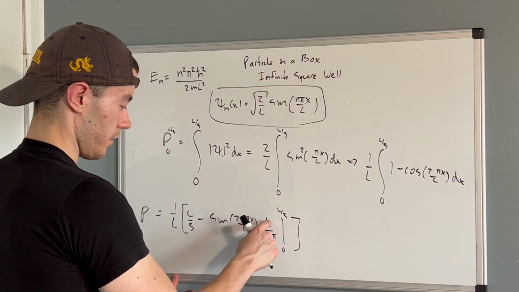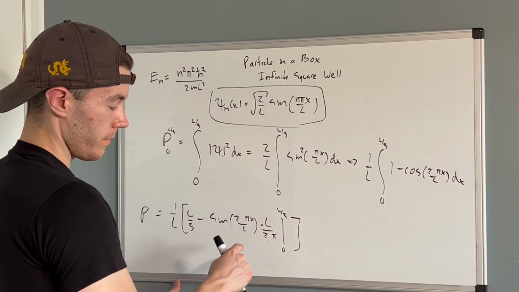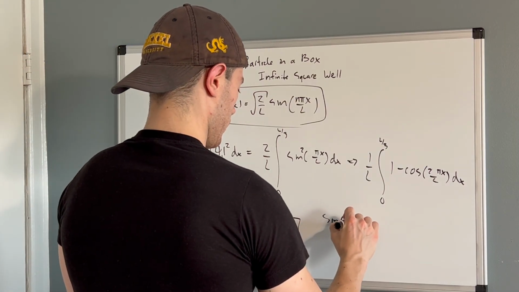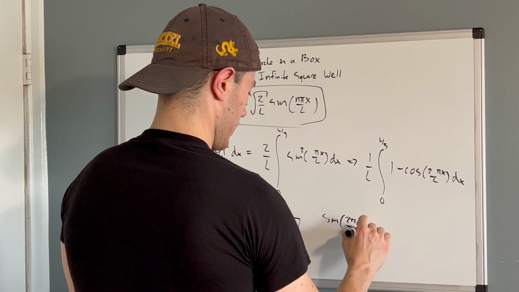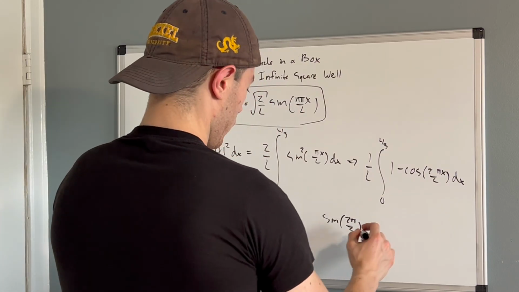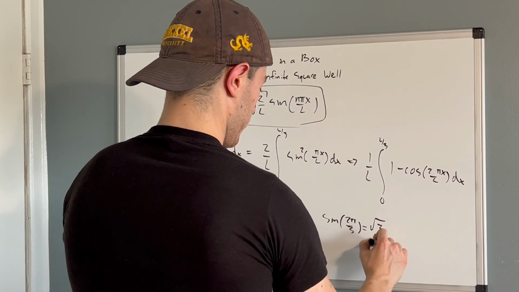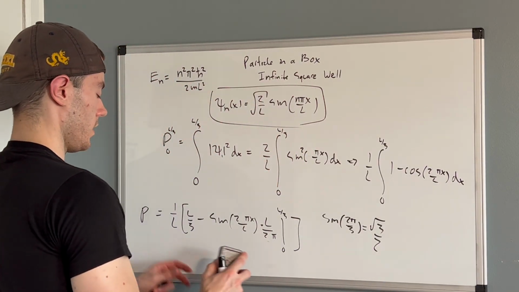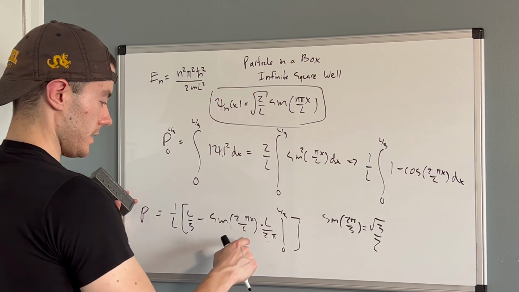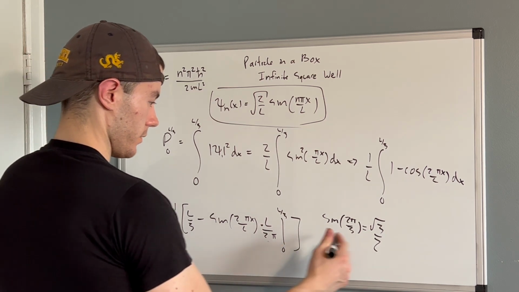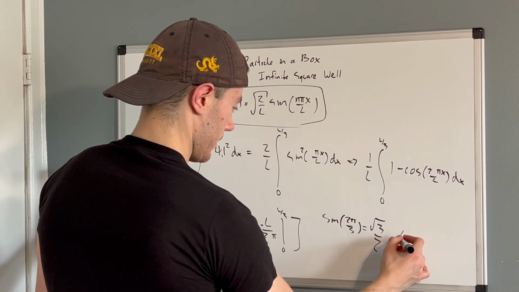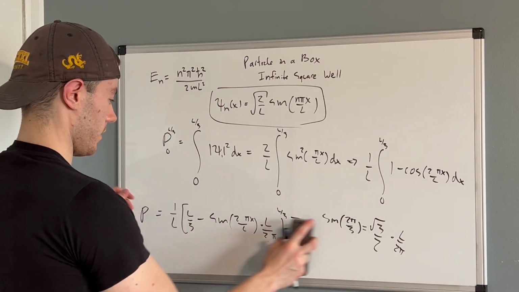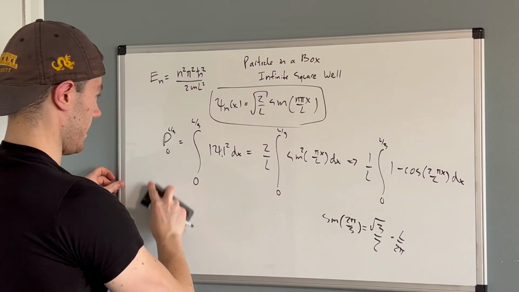If we plug L over 3 in, we get 2 pi over 3. Sine of 2 pi over 3 is equal to root 3 over 2. Remember that from the unit circle. It's root 3 over 2 times L over 2 pi times 1 over L. All right, L over 3 minus that.